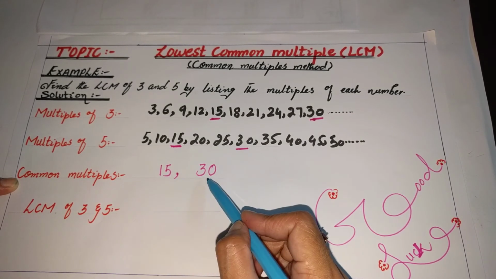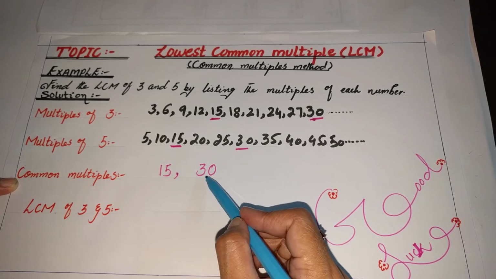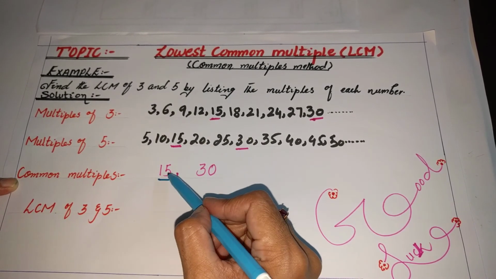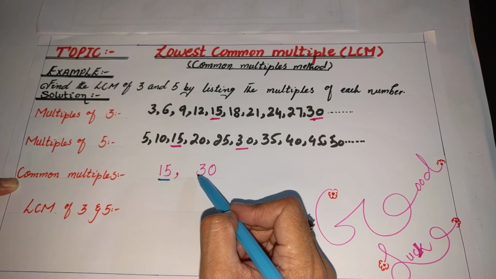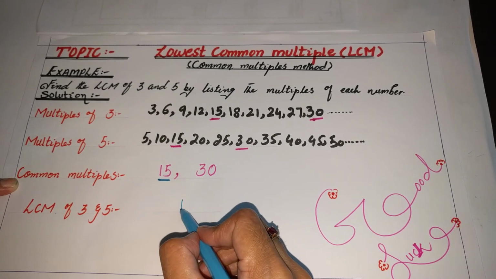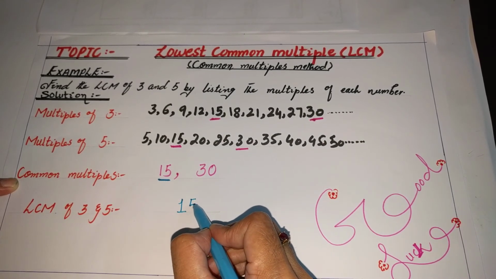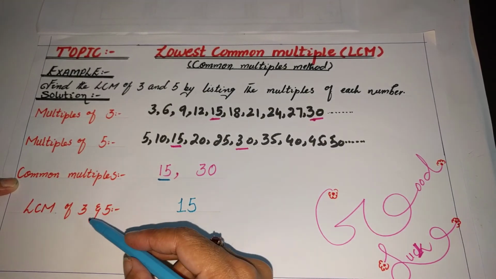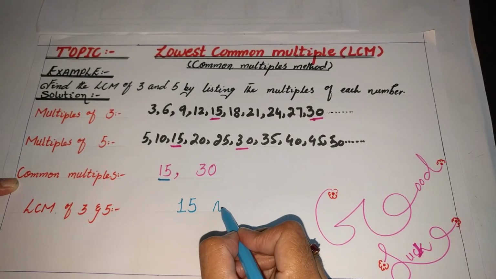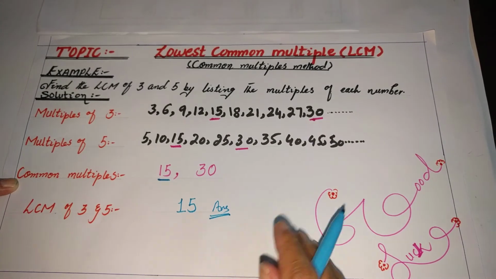Which one is the smaller number? Yes, 15 is the smaller number. 15 and 30, when you do the comparison, 15 is smaller, 30 is greater. So our lowest common multiple of 3 and 5 is 15. So our answer is 15.